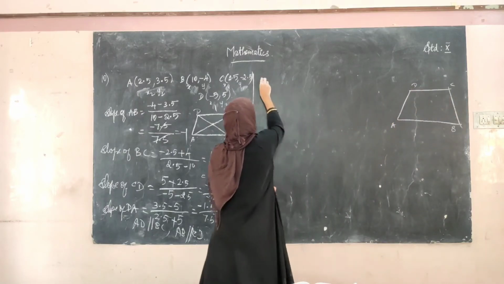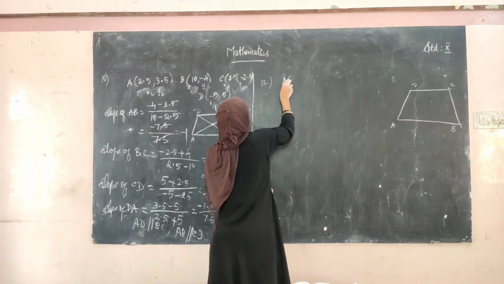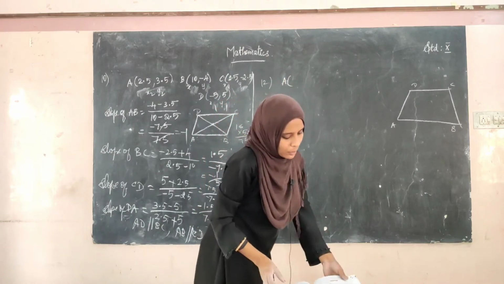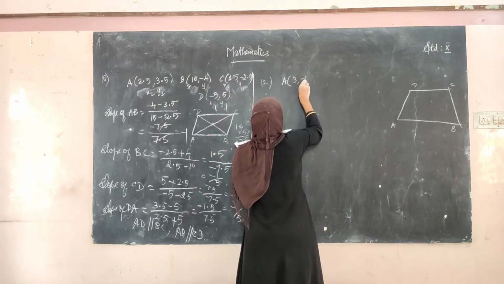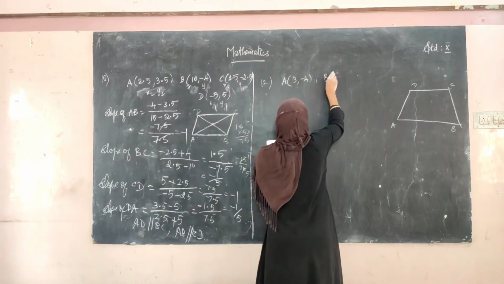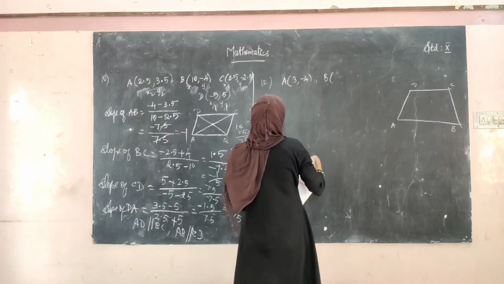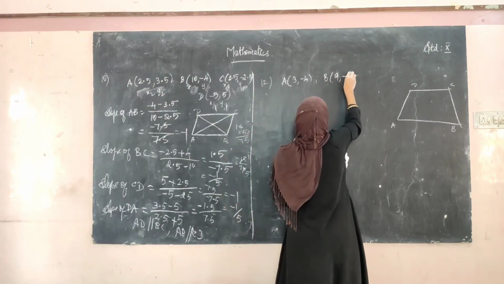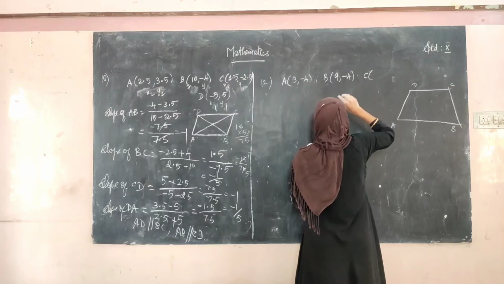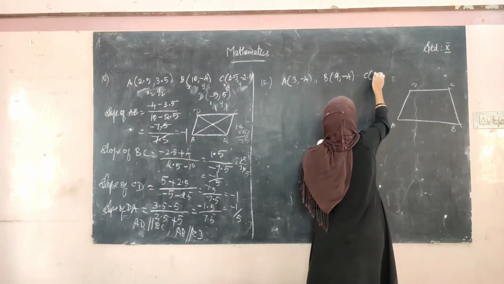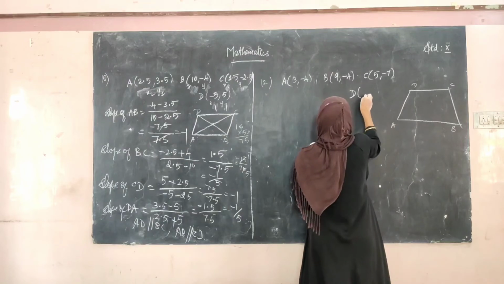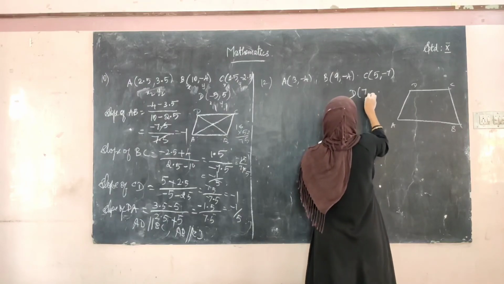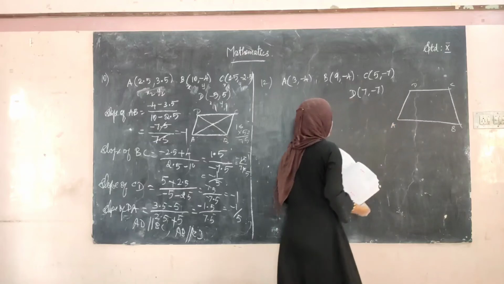Okay, what are the points given there? A is 3 comma minus 4. What is B? B is 9 comma minus 4. What is C? C is 5 comma minus 7. And what is D? D is 7 comma minus 7.